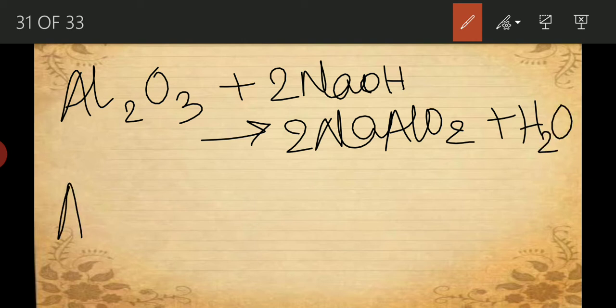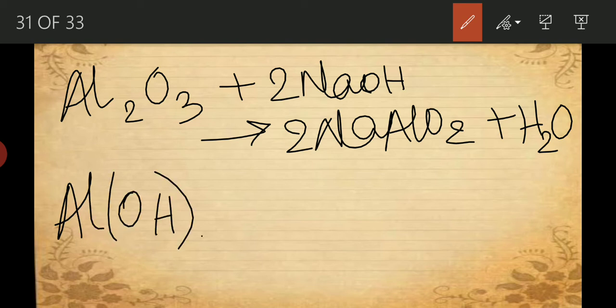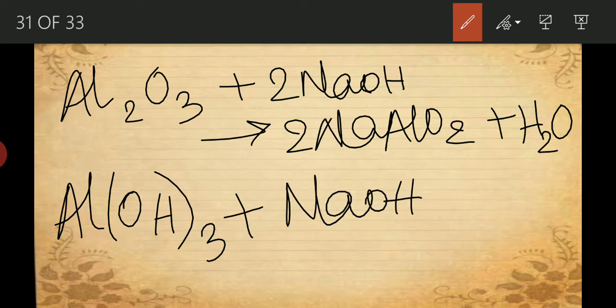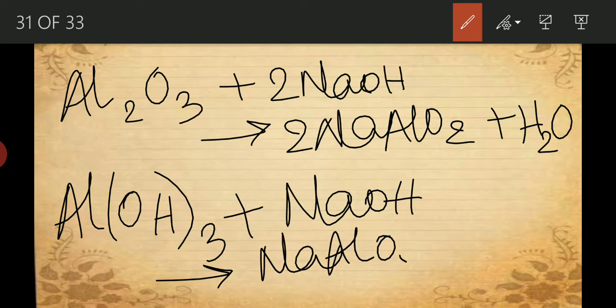And when aluminium hydroxide is reacting with sodium hydroxide, hot concentrated sodium hydroxide, then again it is forming sodium aluminate and water. Only the difference is in case of balancing. So in all the three cases, lead, zinc and aluminium, in case of oxides and hydroxides, when they react with hot concentrated sodium hydroxide, they form the corresponding salt and water.